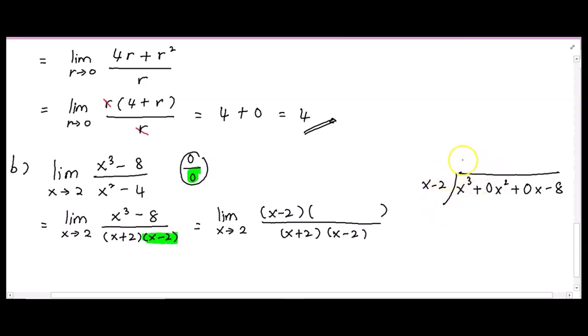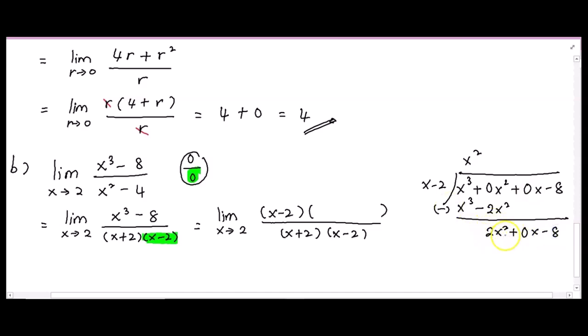When you divide, you get x squared multiplied by x, which gives x cubed minus 2x squared. Then take the top row minus the second row, you get 0, and here you get 2x squared. How do you get the 2x squared? You take 0x squared minus negative 2x squared, so the negative becomes positive. Then bring down the 0x and negative 8.